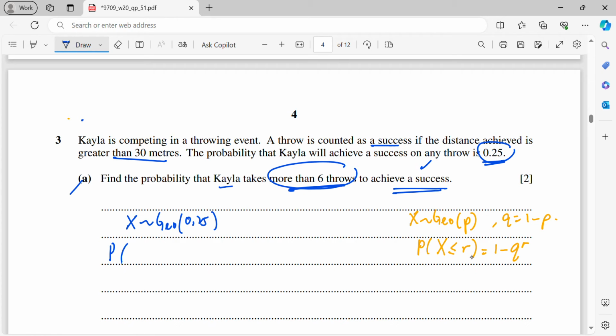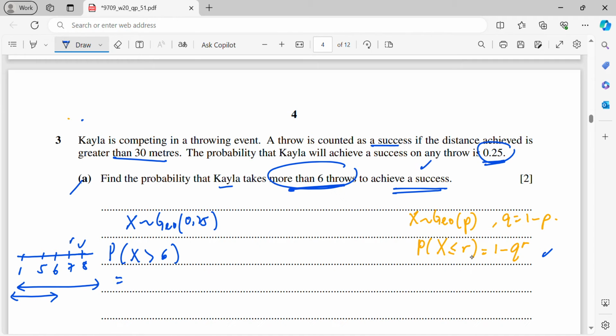Now it's mentioned that she takes more than 6 throws. So here P(X greater than 6). So your x is the number of throws. So to use this formula, I have to change to less than or equal to. That means it will be 1, 5, 6, 7, and so on. So more than 6 means that it will be 7, 8, and so on. So I will use total probability minus the previous probabilities.